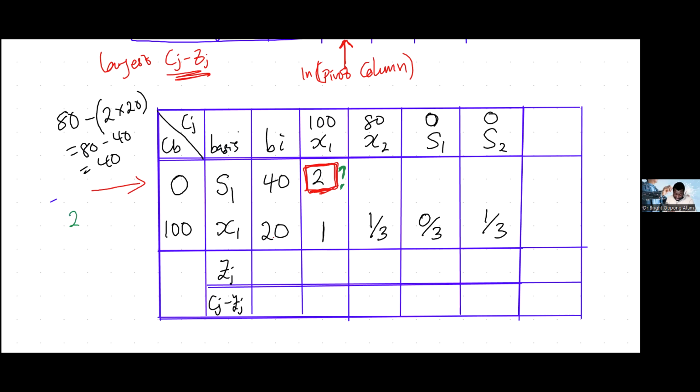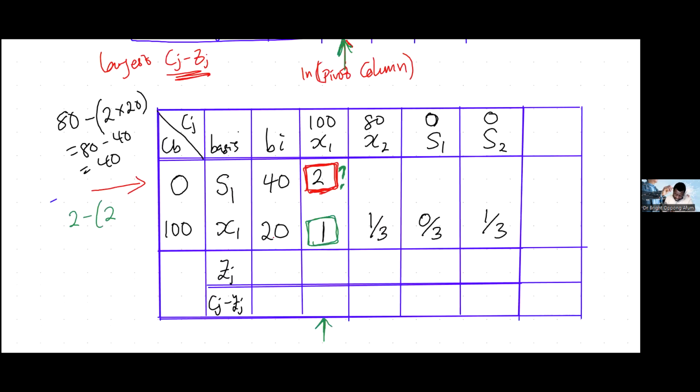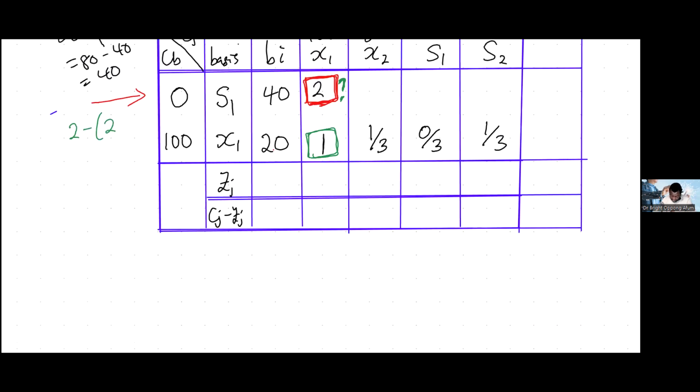there. So the old number is 2 minus the 2, which is the pivot number corresponding to this column, the initial pivot column, right?